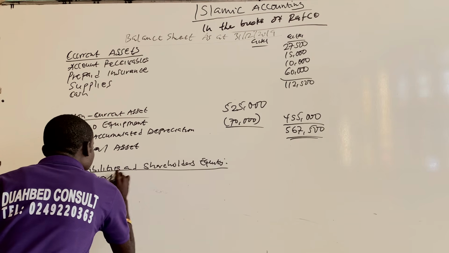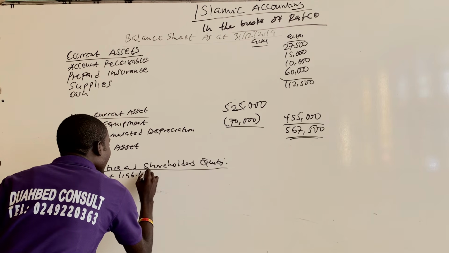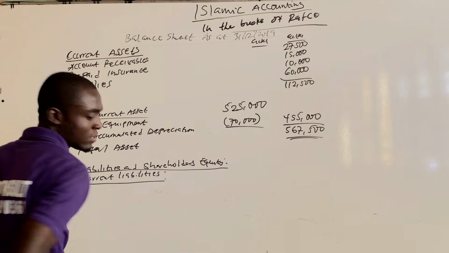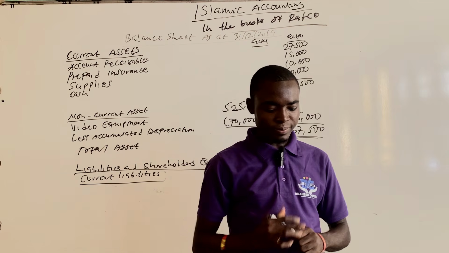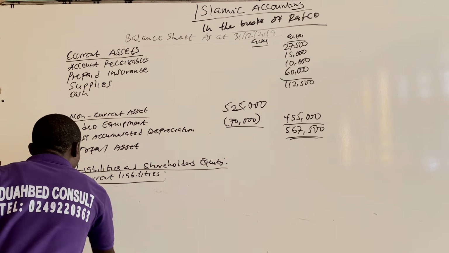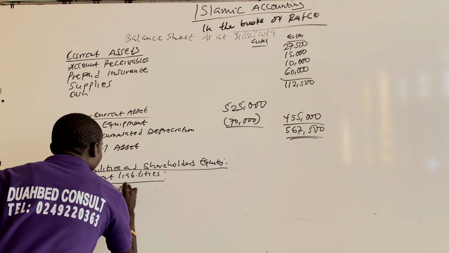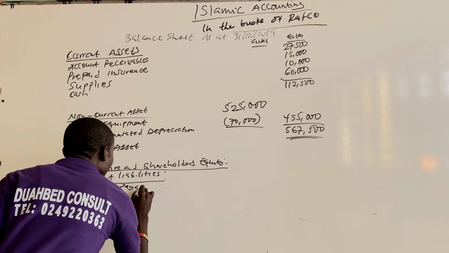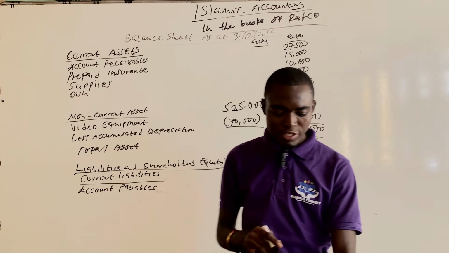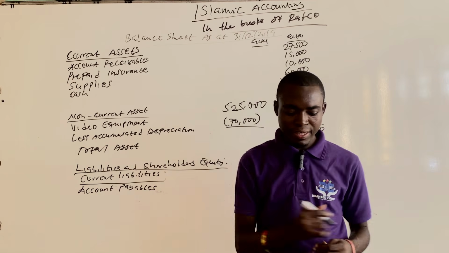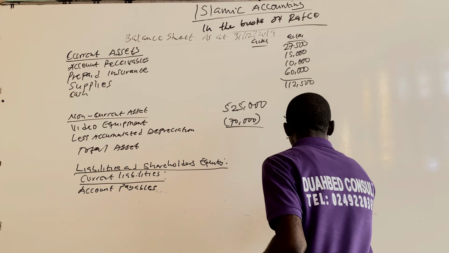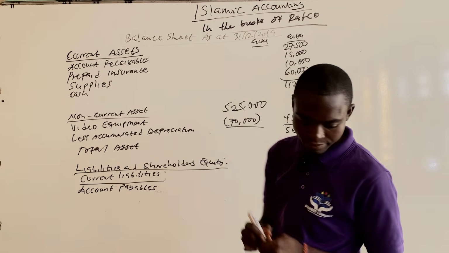For current liabilities, we have account payables, and the amount is 37,500.